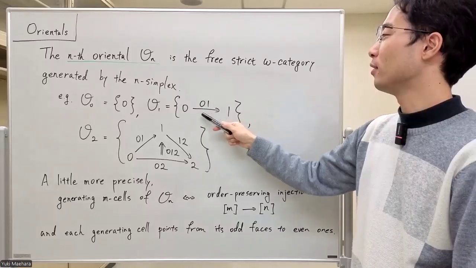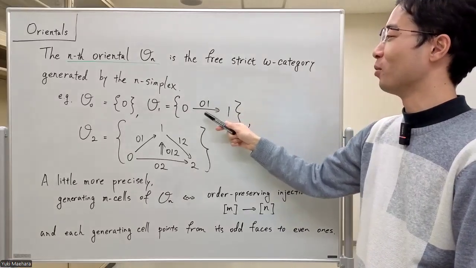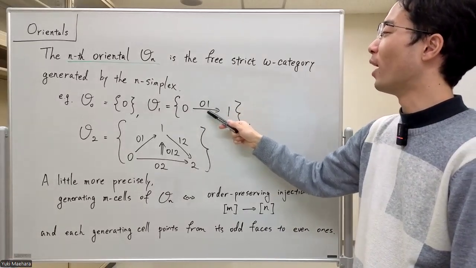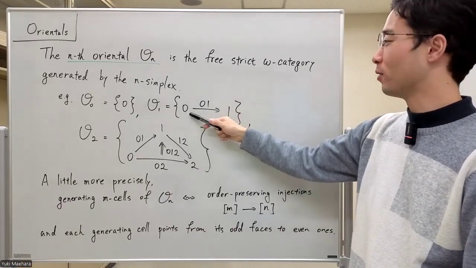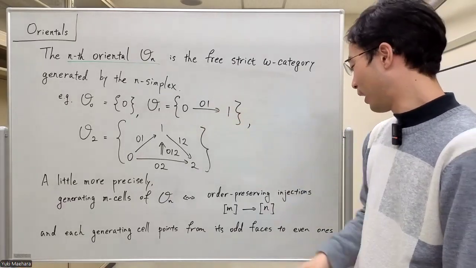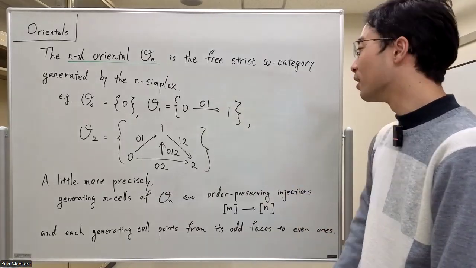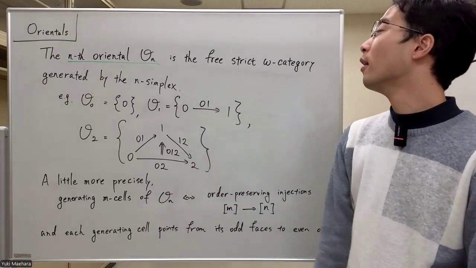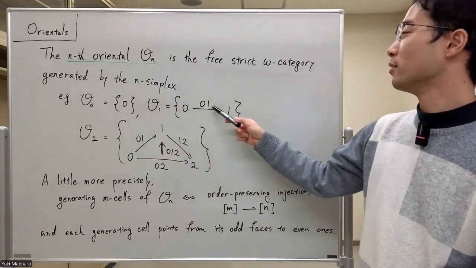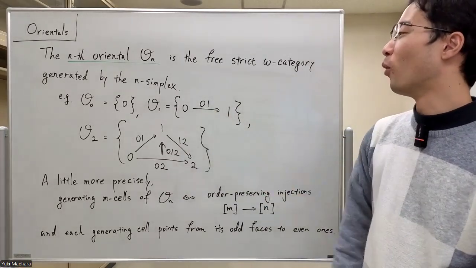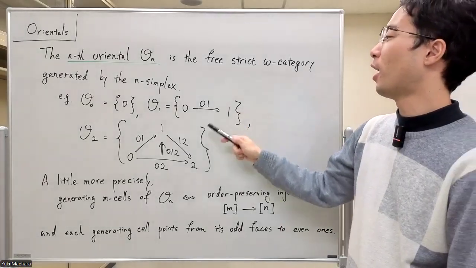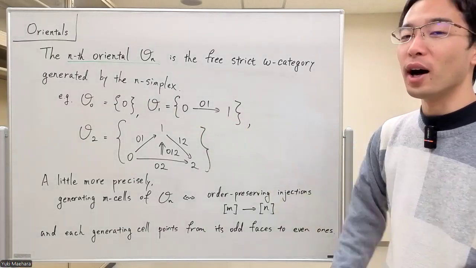If you take the first face of [0,1], you end up removing the 1, so you end up with 0. So this is the source. And a one simplex has only one even face, namely the 0th face, and the 0th face of [0,1] is 1. That is why this arrow points from 0 to 1.